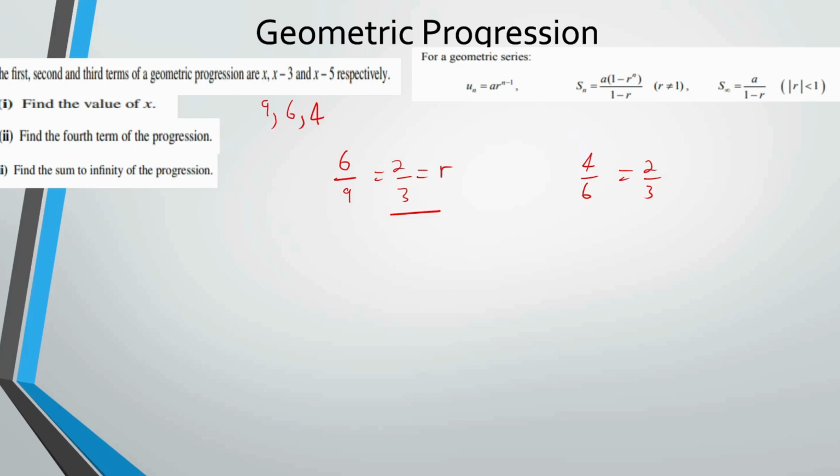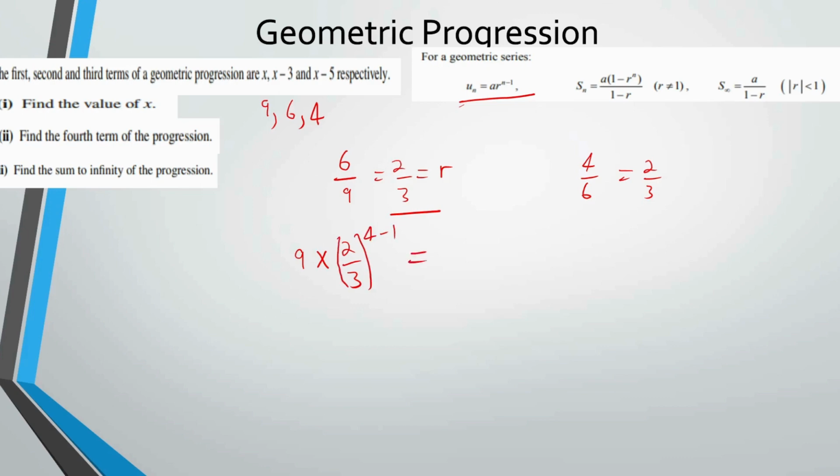Now what we can do is use the formula that we already have for geometric series and apply that to find the fourth term. So our a is 9, then 9 times 2 over 3 raised to the power of 4 minus 1.